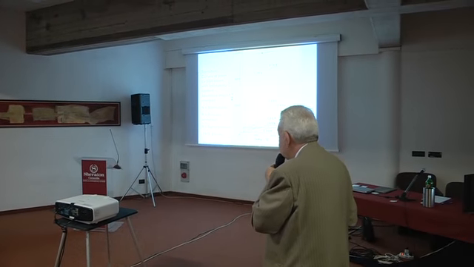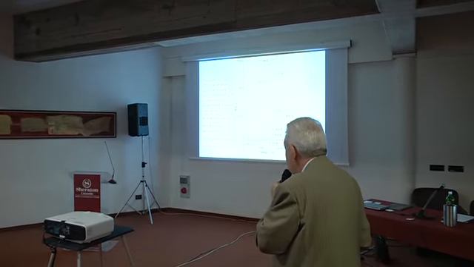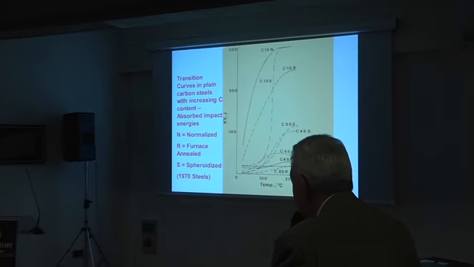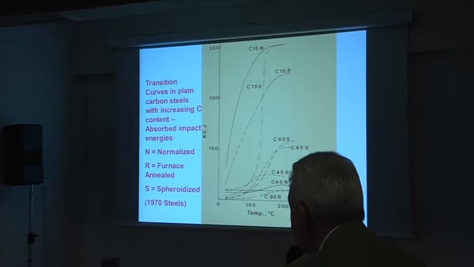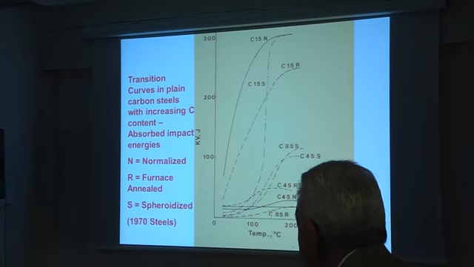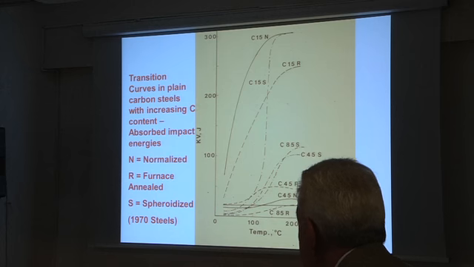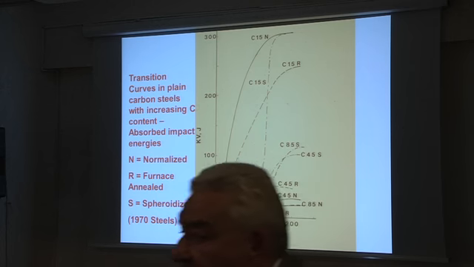These are 1970 steels, but even nowadays, if you take a new eutectoid steel, you have a difference, but very, very low in the furnace annealed state, and almost no difference in the normalized state.